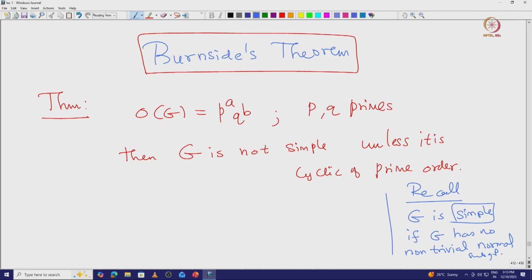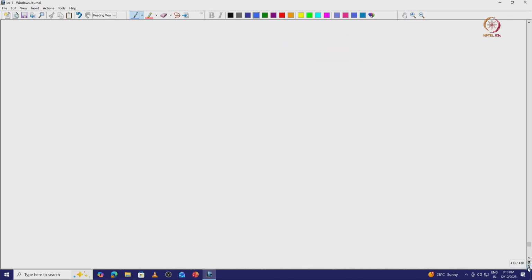So, we are claiming that if the group has order p power a q power b, where p and q are primes, then it is not simple unless the group has order exactly p. This is what we want to prove ultimately, but to prove this we need to make some preparations.